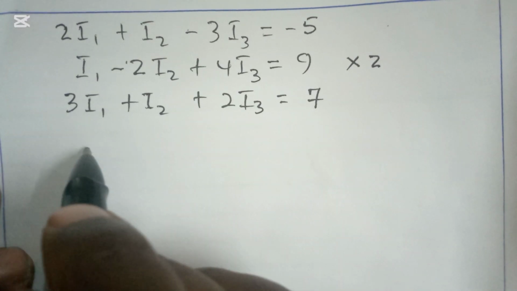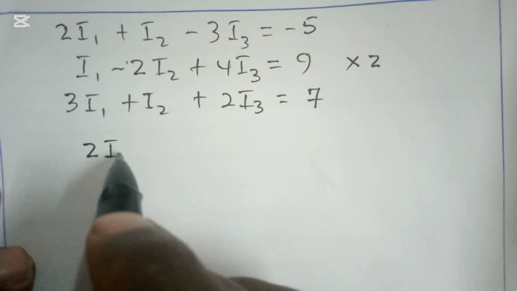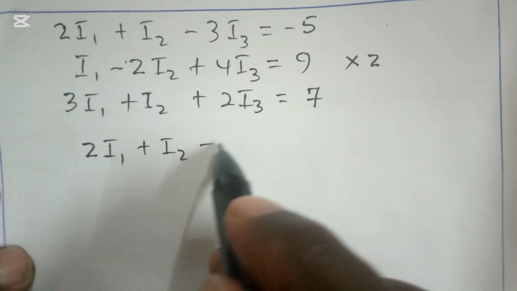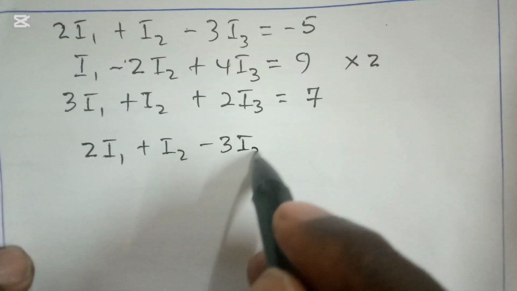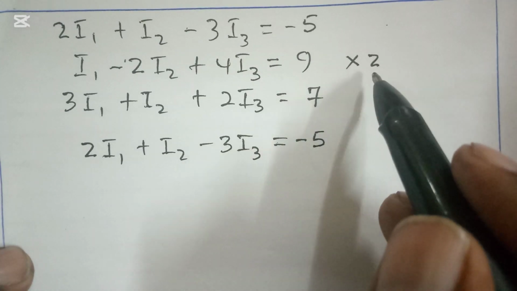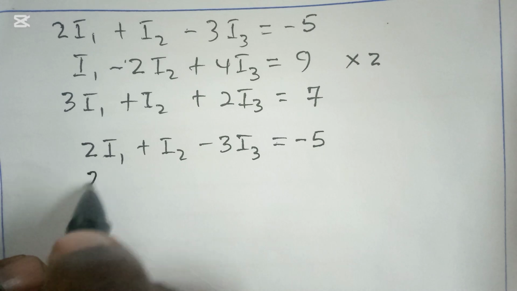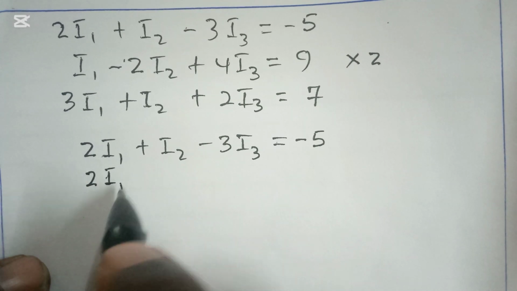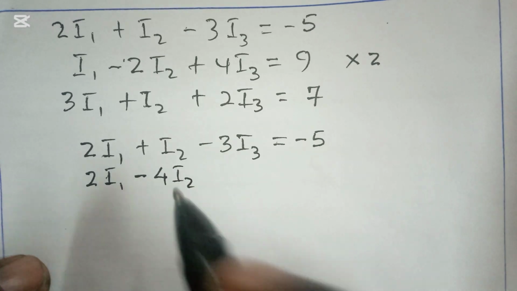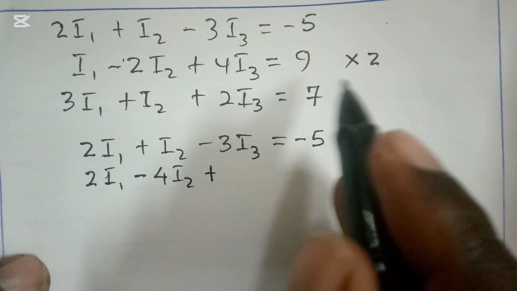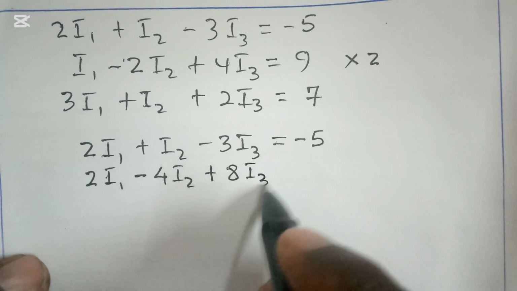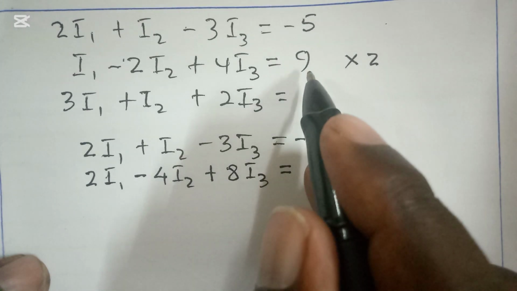So guys, I write down now 2I1 plus I2 minus 3I3 equals -5. So I multiply this by 2, you shall have 2I1 minus 4I2 plus, I multiply by 2, that is 8I3, and this one gives us now 18.